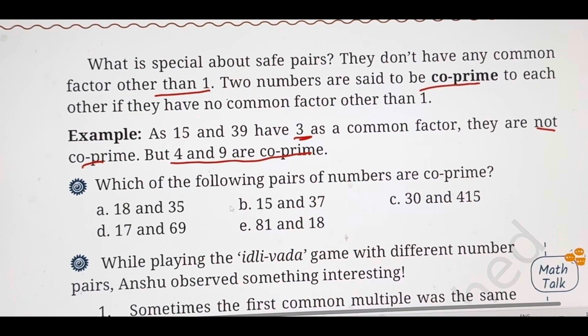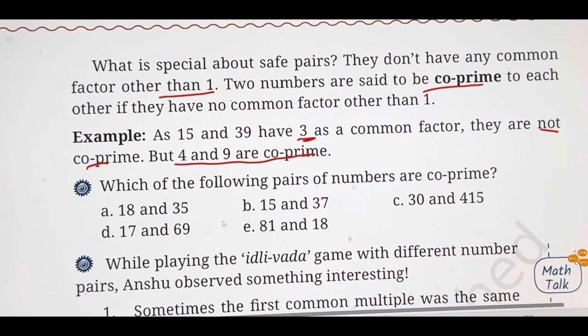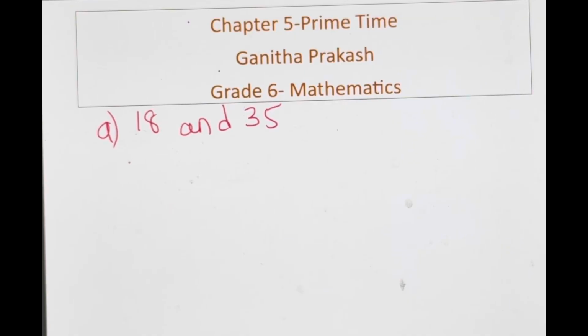Got it? So here some questions are asked. Which of the following pairs of numbers are co-prime numbers? Let us try to solve one by one. Question number 1a, 18 and 35. The factors of 18 are 1, 2, 3, 6, 9 and 18.